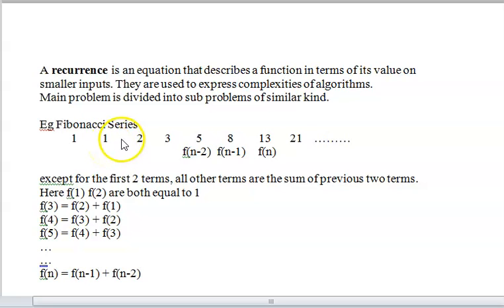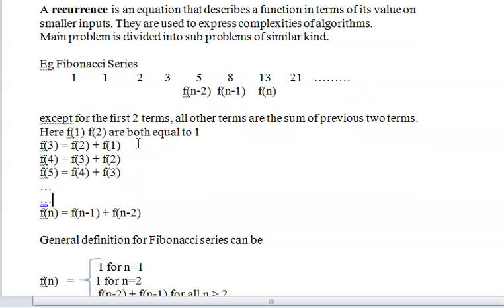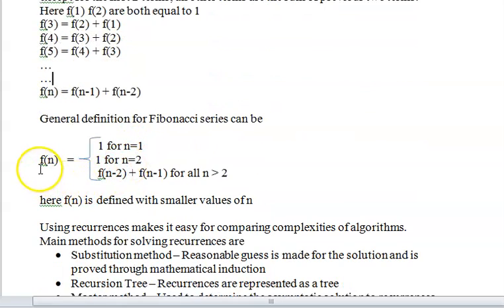So we can define the Fibonacci series as Fn equals 1 if n equals 1, 1 again for n equals 2, and for all other n greater than 2, where n is the number of terms, we can redefine this as f of n minus 2 plus f of n minus 1.